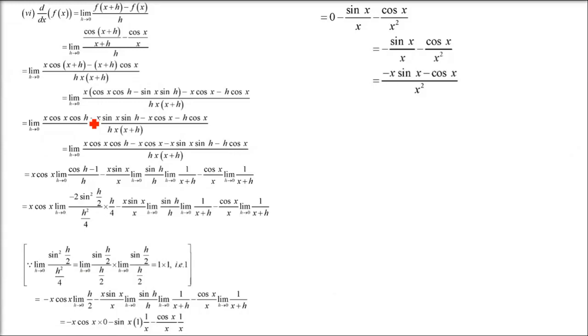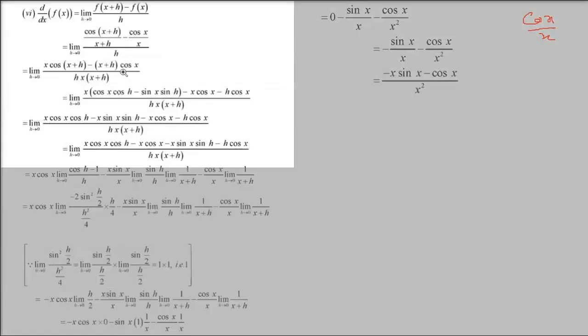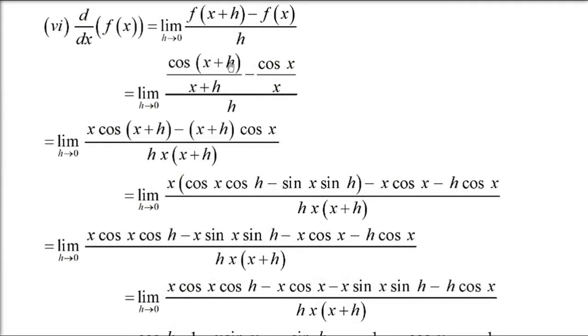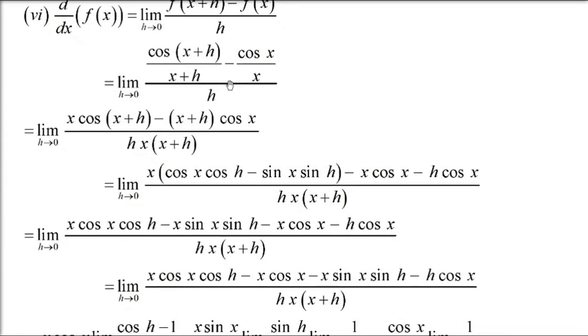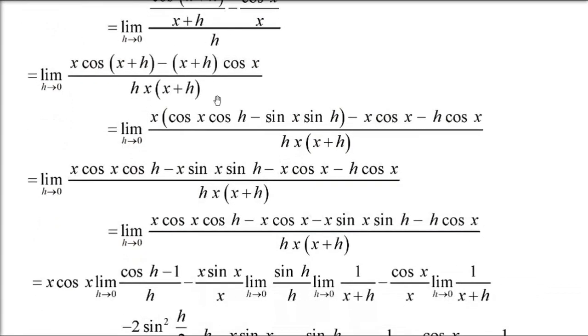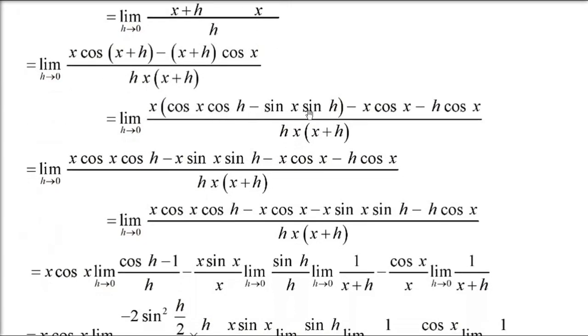Next is the next one, cos x by x. Now you know how to do this, same thing as sin x by x, so I'll just go through this. We have cos x plus h by x plus h minus cos x by x, all by h. Now take the cross multiplication or take the LCM. And now open this cos x plus h: cos a cos b minus sin a sin b. Multiply x with this.